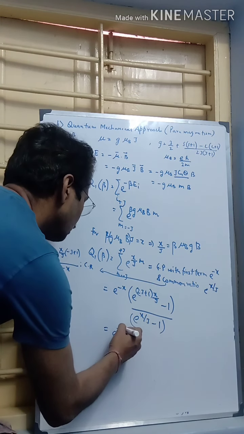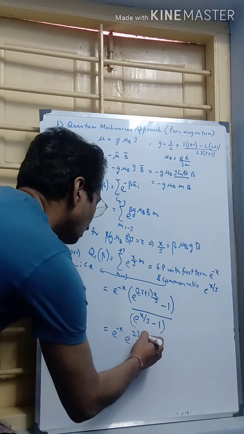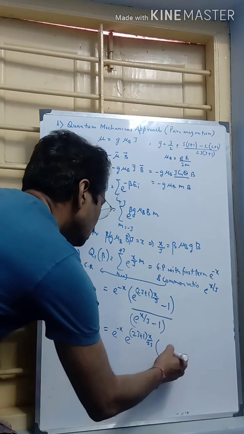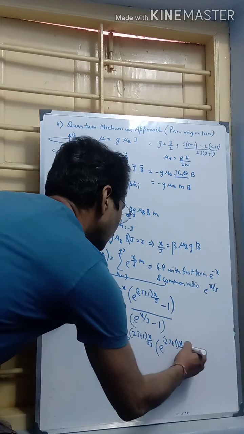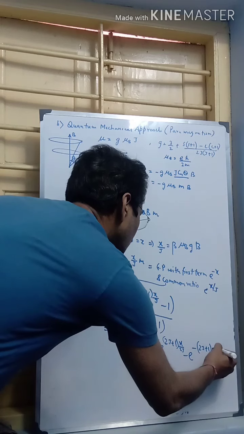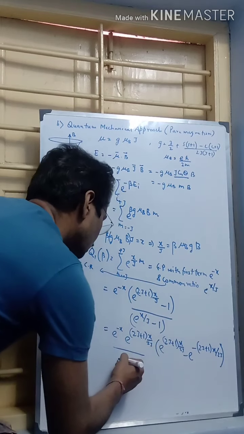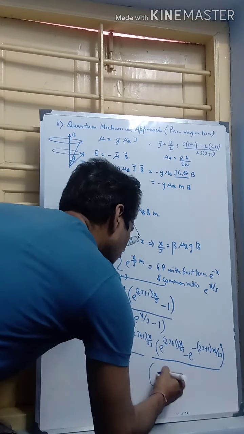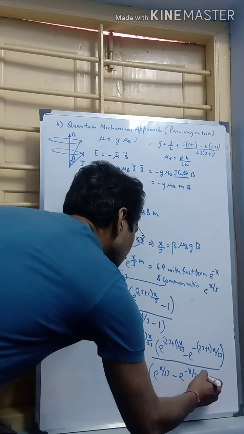We can write it as e to the power minus x, which is there, and then we take common (2J+1) x by 2J, such that this becomes e to the power (2J+1) x by 2J minus e to the power minus (2J+1) x by 2J, and in the denominator also we take e to the power x by 2J common, such that in the denominator we are left with e to the power x by 2J minus e to the power minus x by 2J.